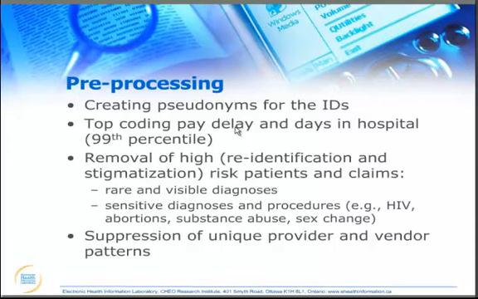So we did some additional manipulations to reduce the probability of successful re-identification using those patterns. And this is why you'll see in the data set there are some provider and vendor IDs that have been suppressed.